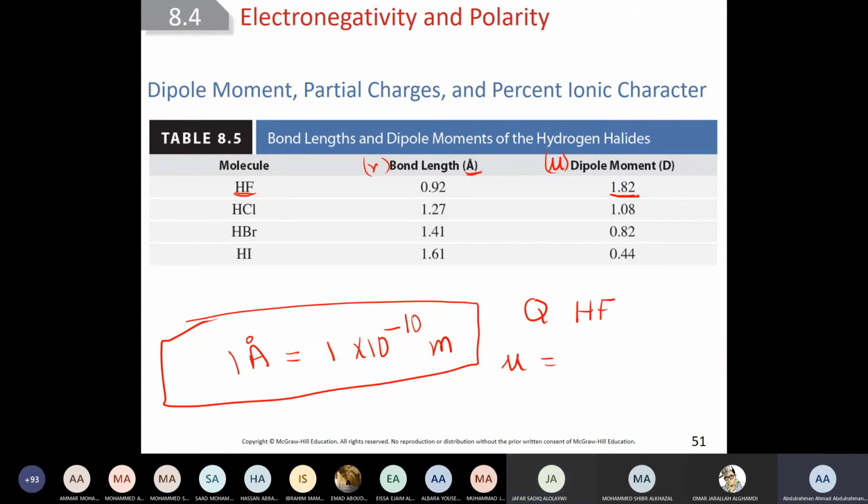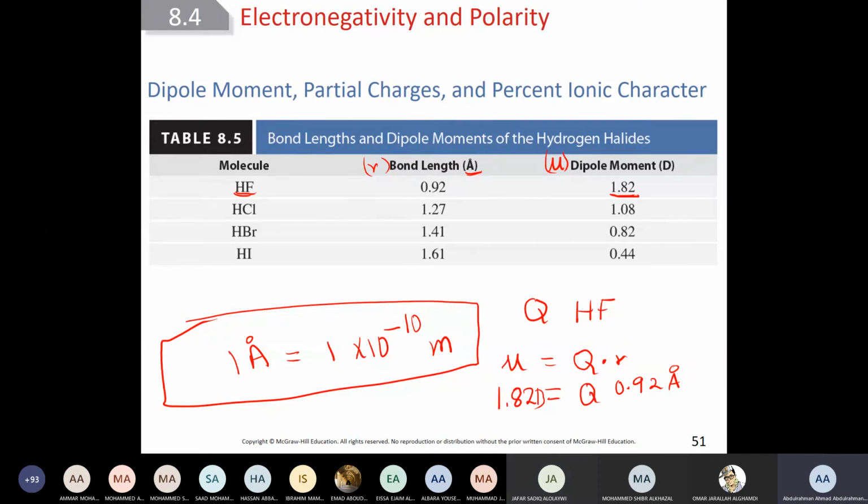Yes, μ equals Q multiplied by R. Now, what's μ in this case? It is 1.82. Write this, because I will give you another slide in a while. And what is R? 0.92 angstrom. I want you to calculate Q.